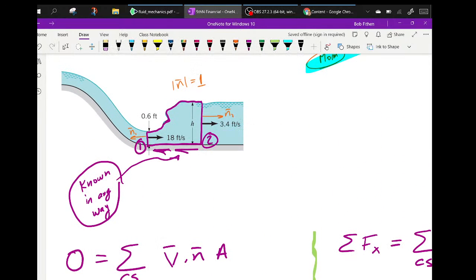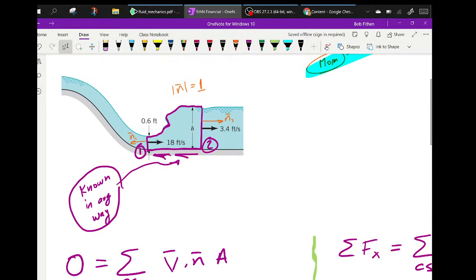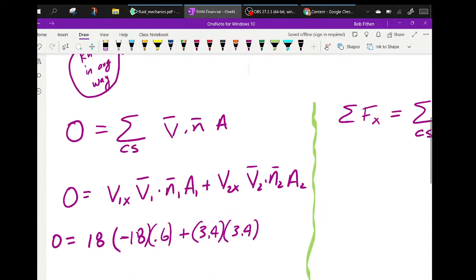3.4 completely to the right, and this time V dot N, these two dots go the same direction, they become positive, and then the area 2 is just h.